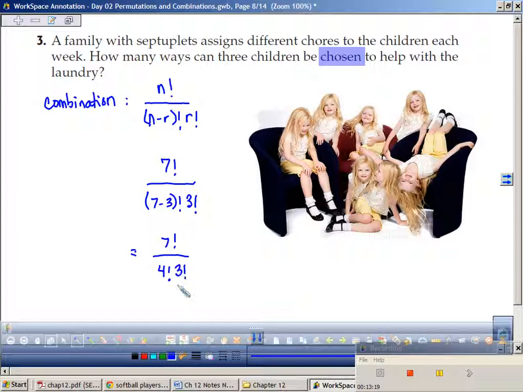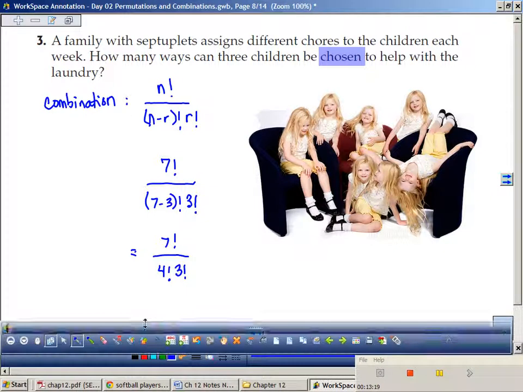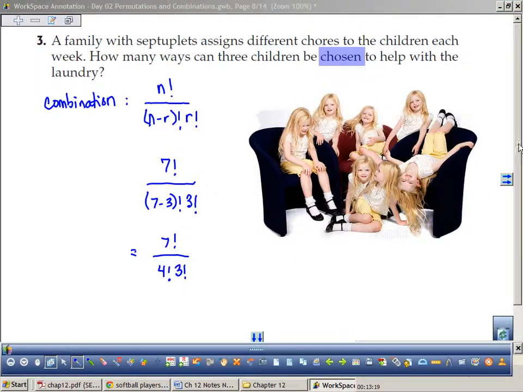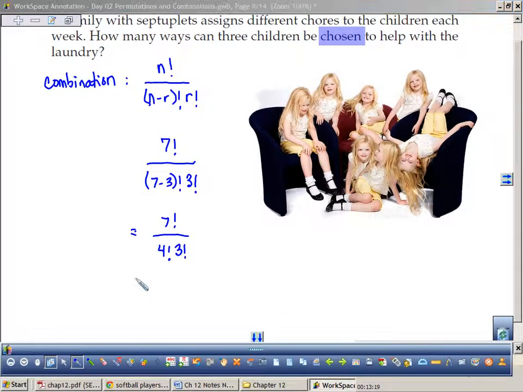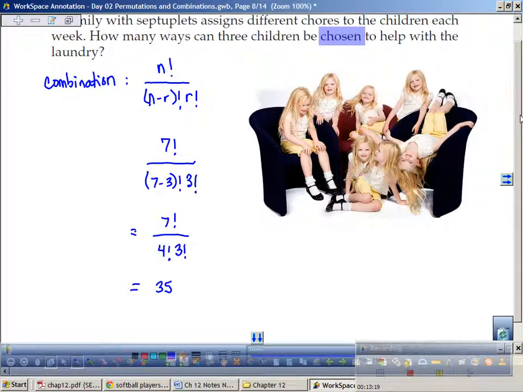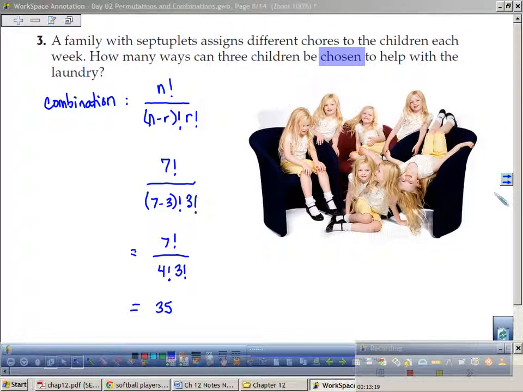Make sense? 4 and 3 is 7, so it's always going to work out that way. You'd have 7 if that's how many we have to choose from. We're choosing 3, and then 4 would make up for that. So when I do all the math for that, I actually get 35 different ways. You can choose 3 children from 7 to do chores. Let's go ahead and write that down.